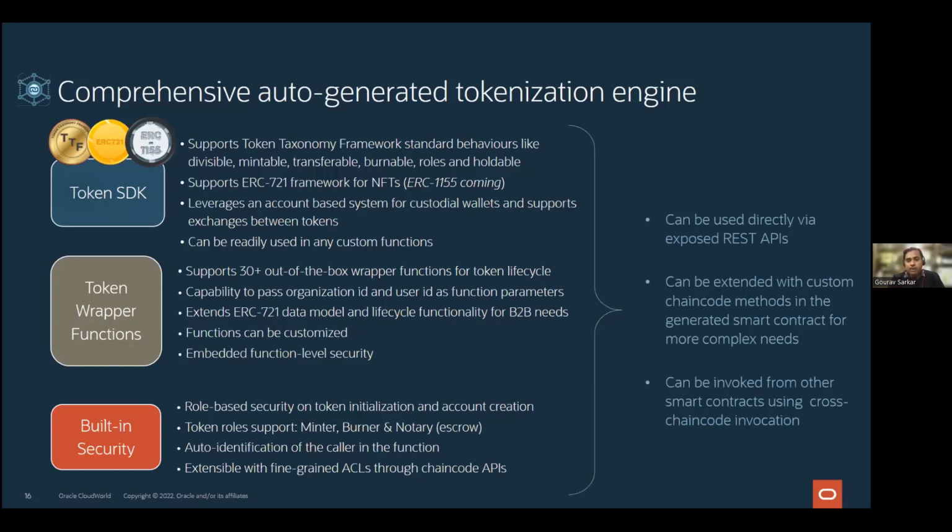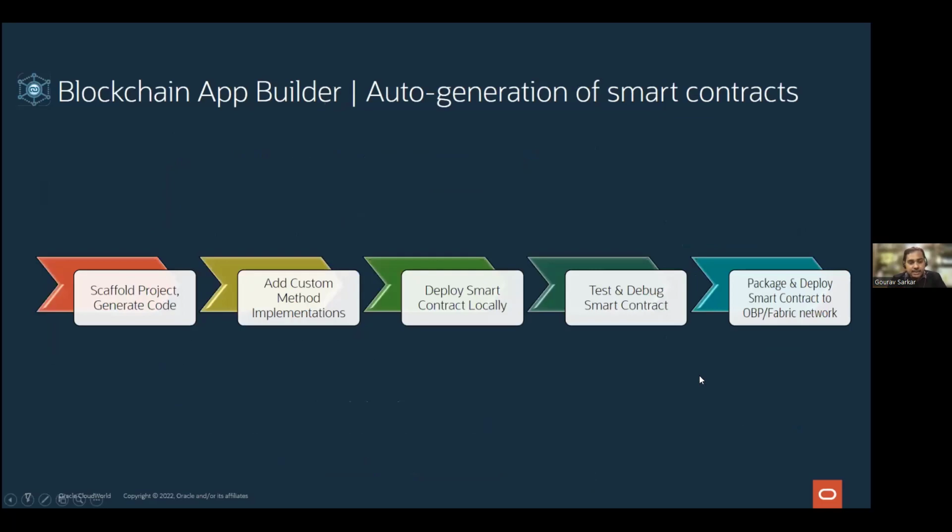And the very important part here is that you can build any kind of complex application just with the help of the methods that are auto-generated. Okay. Next slide, please. Yeah. So I would like to give here one very important part, which is how it exactly works.